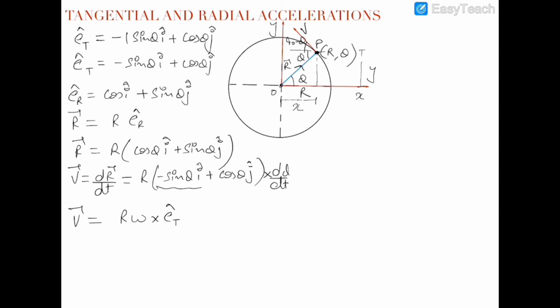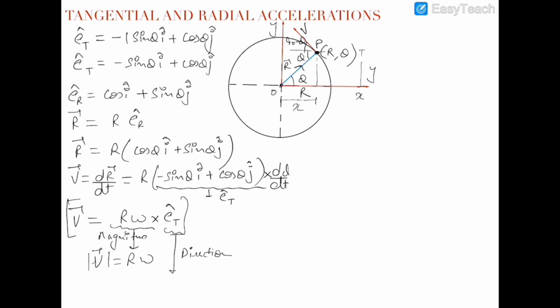You can see that this is the e tangential unit vector. So this tells us a very good fact, that the magnitude of velocity is equal to r omega, and this is the magnitude, and its direction is tangential. And we all know that the velocity is always in the tangential direction.